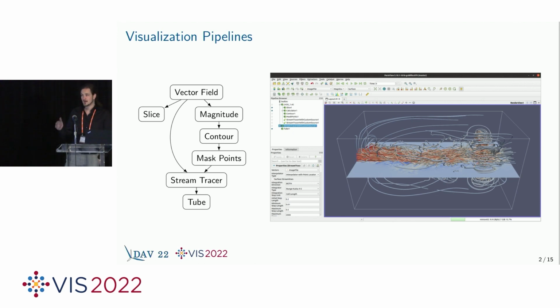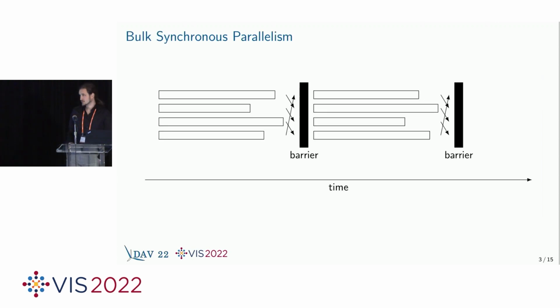And when we are working on larger data or more complex visualization pipelines, then we are taking advantage of parallelism and parallel approaches. The most dominant approach that production software is using is a bulk synchronous parallel approach.